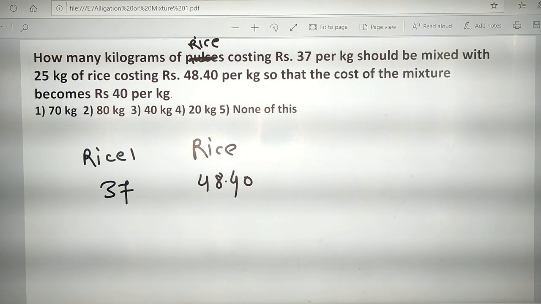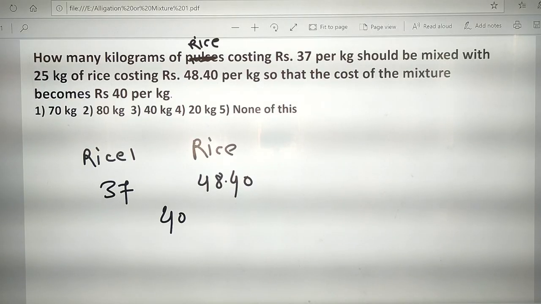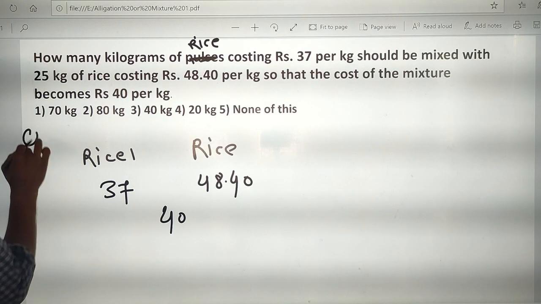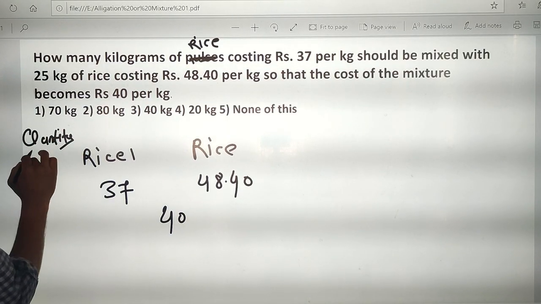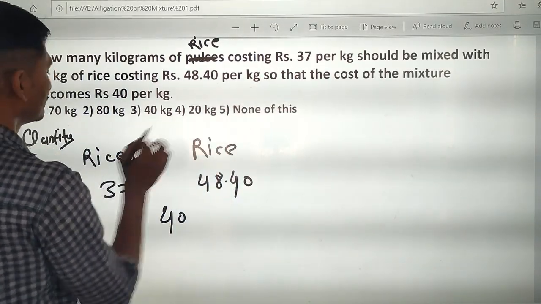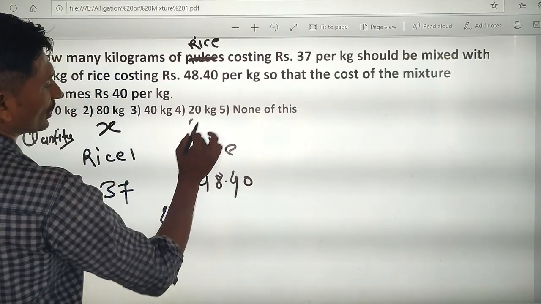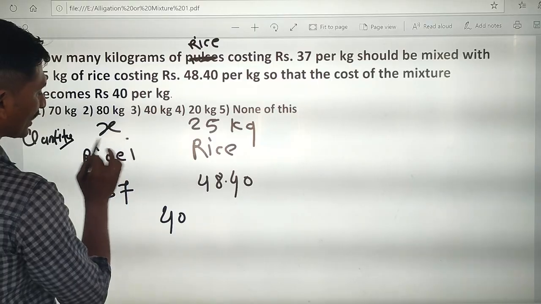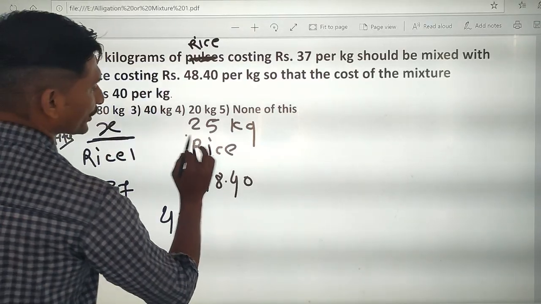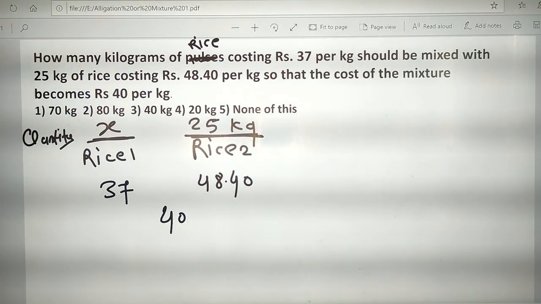Here two rice are mixed, then your mixture is 40 rupees per kg. The quantity of rice 1 is to be found, and the quantity of rice 2 is given as 25 kg. Quantity of rice 1 is x.